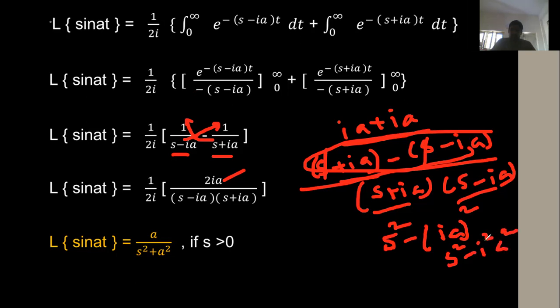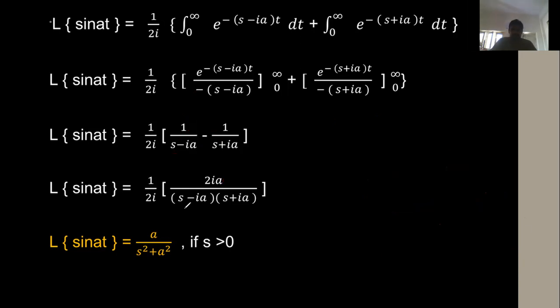What is the i square value? Minus 1. Minus into minus, you will get a plus. So finally, in the denominator, you get s square plus a square. The numerator simplification, you get it as a, how? This 2i in the denominator and 2i in the numerator both cancel. Finally, we get a by s square plus a square.